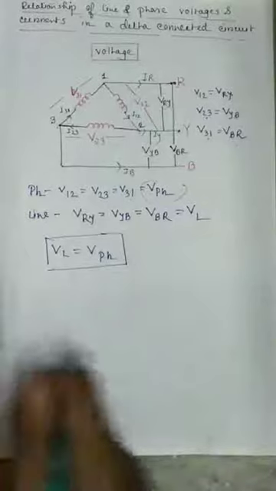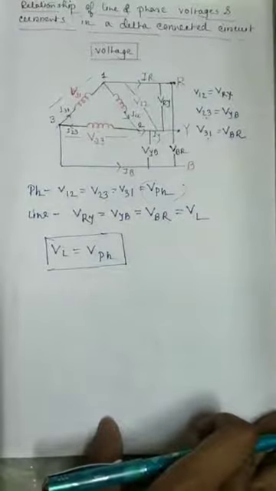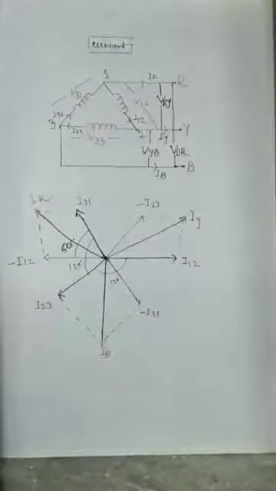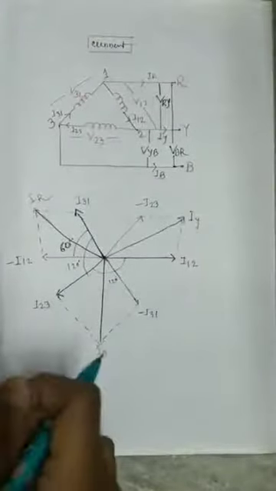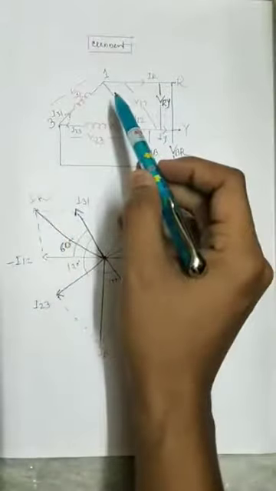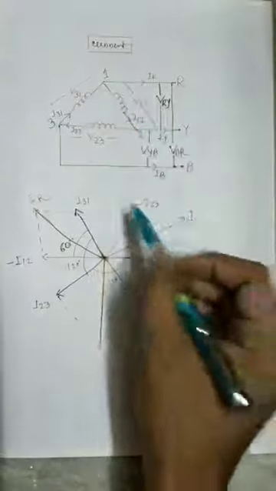Now the relation between phase current and line current in delta connection. Again we have to draw the circuit, and we have to draw the phasor diagram also.